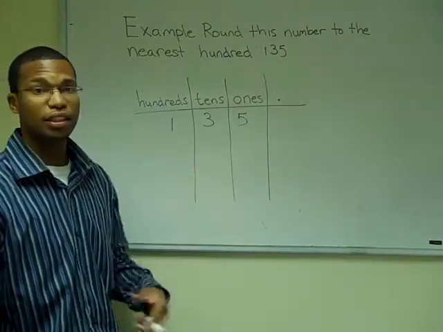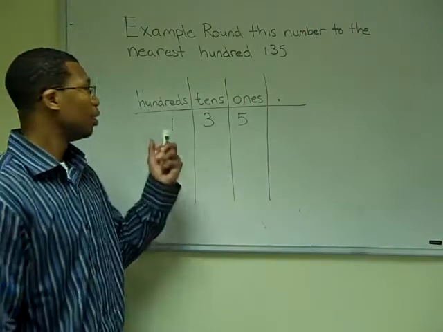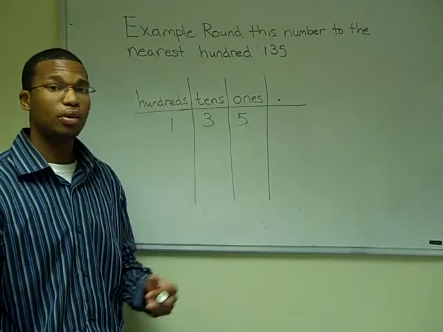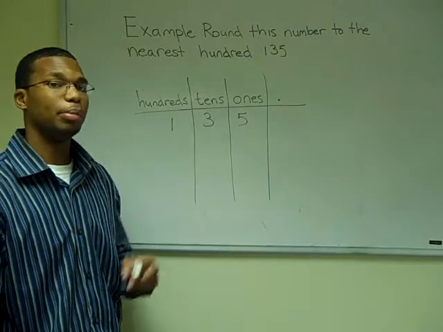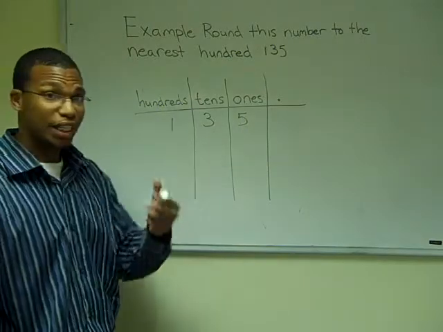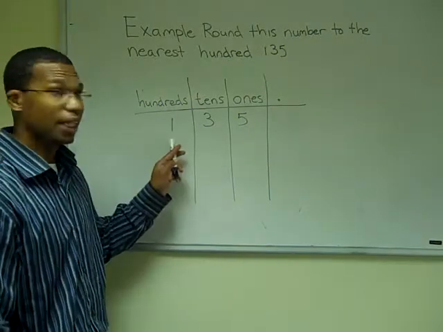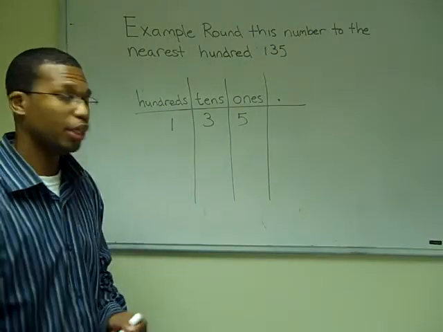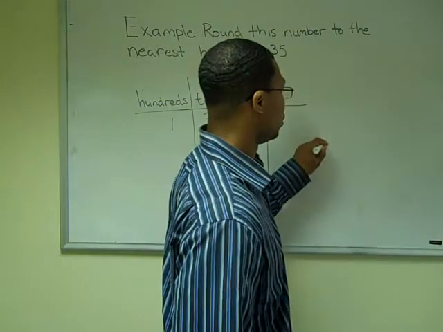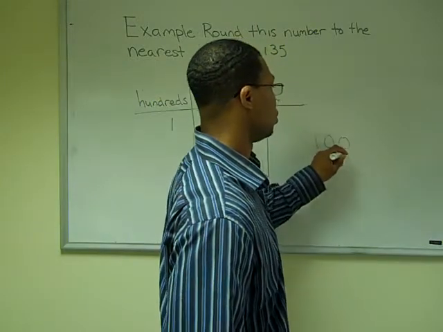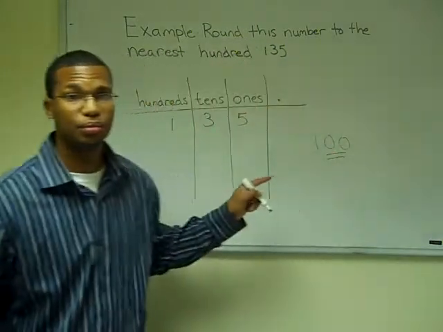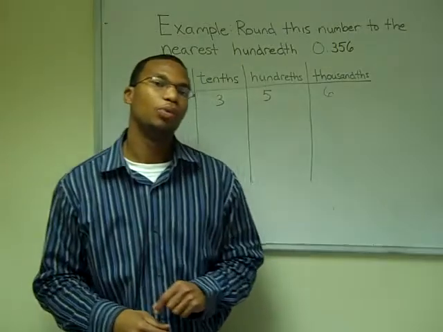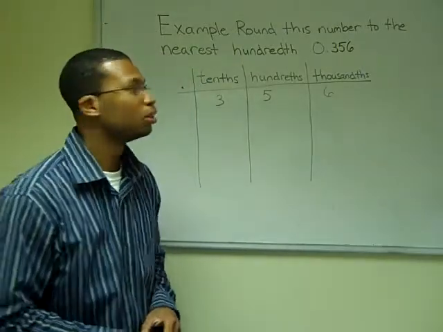So the 3 will tell us if the hundreds is going to stay the same or if the hundreds is going to round up a place. Because 3 is less than 4, that means that the hundreds place is going to stay the same. So therefore our rounded number would be 100.